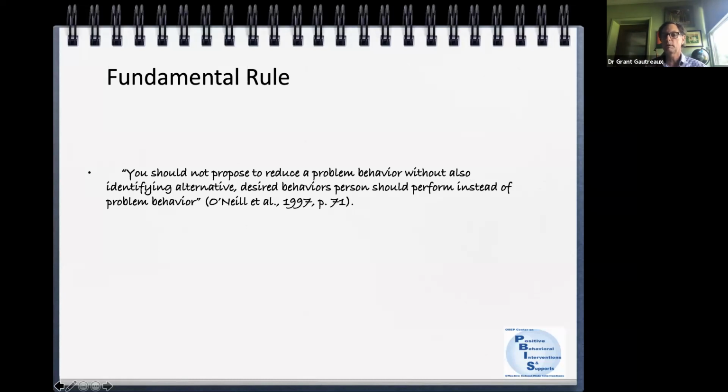And you want to determine what those are prior to engaging in the FBA, because we want to know what the targets are for this individual to hit, rather than just looking at reduction. If we keep focusing on reduction, then we're going to end up with a person that does nothing. And it doesn't necessarily mean they're going to be doing what they need to do.